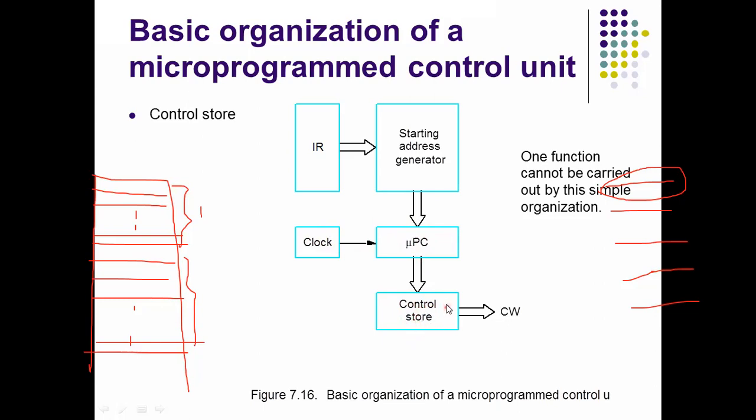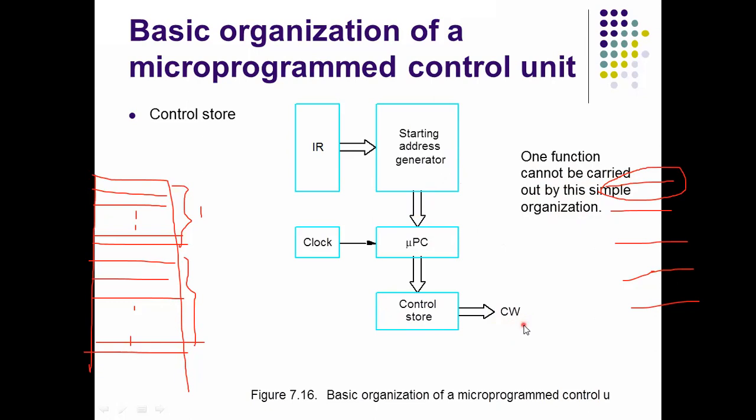Okay, so now from this control store, we are getting the control words. Here, one function cannot be carried out by this simple organization. Okay? So what is the control word?